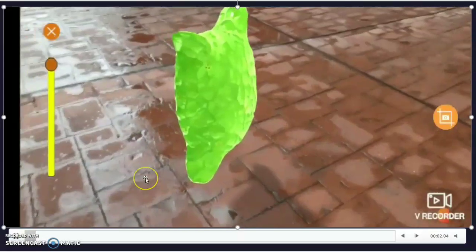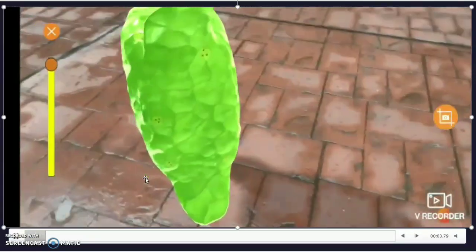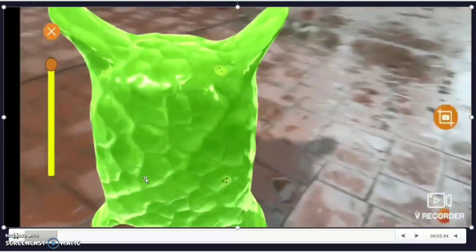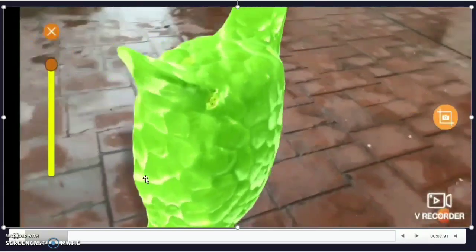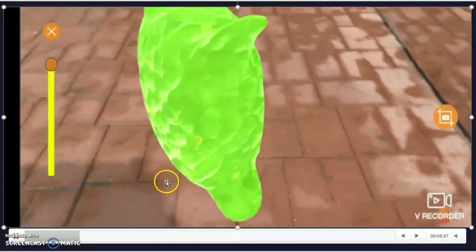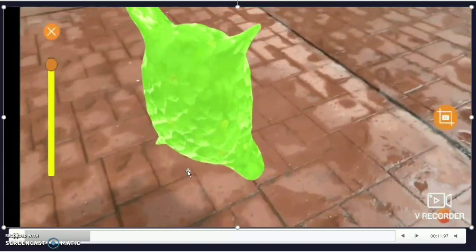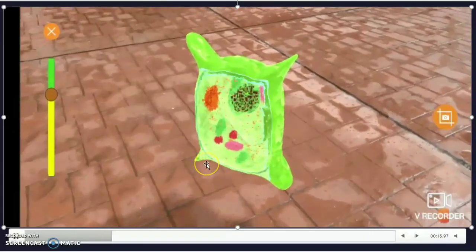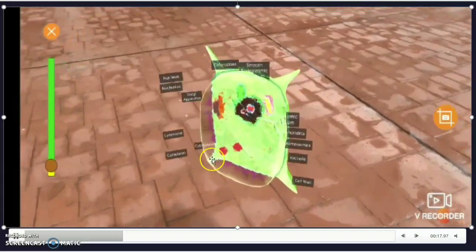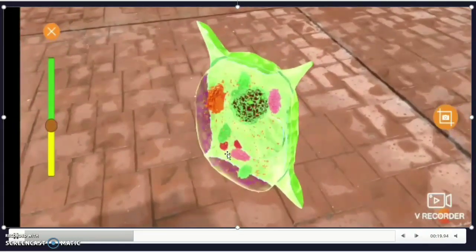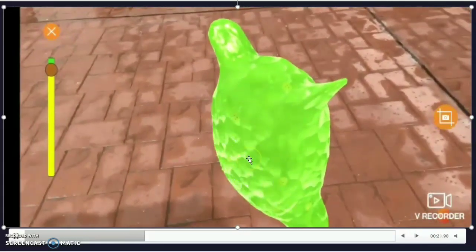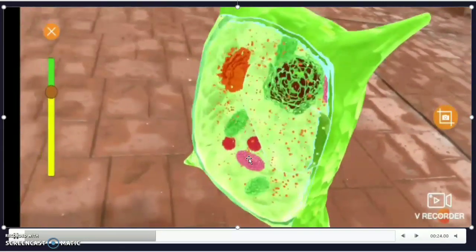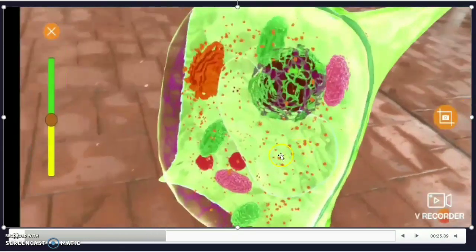This is the plant cell. What are the materials inside it? What do we call them? We call them organelles. These are the organelles present in a plant cell.